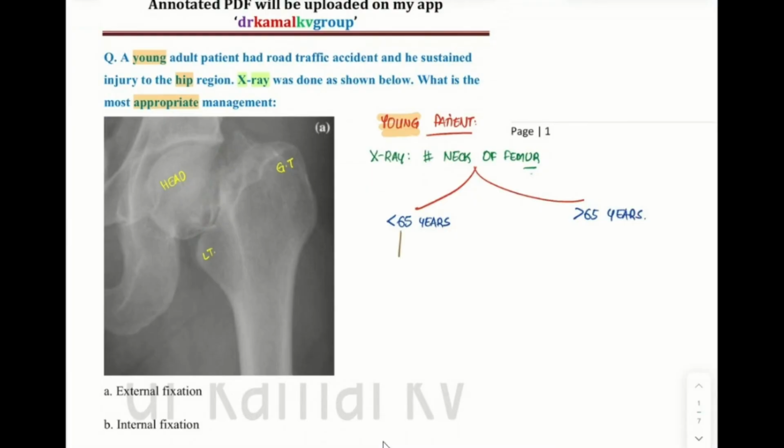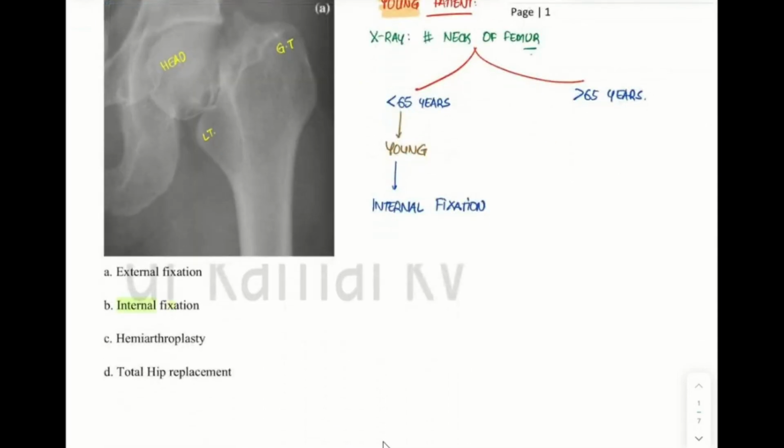In this case, the patient given in the question is a young patient. Now what we'll do, we have to fix. So we need to do internal fixation.